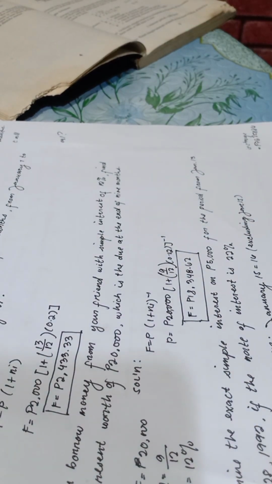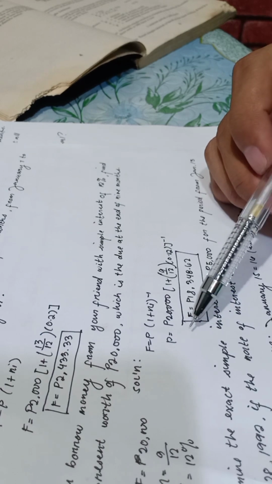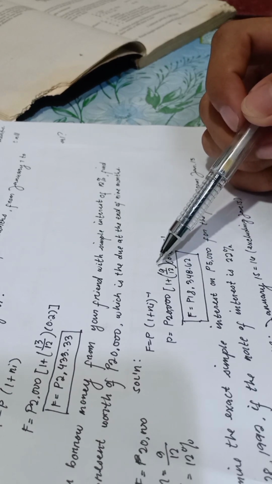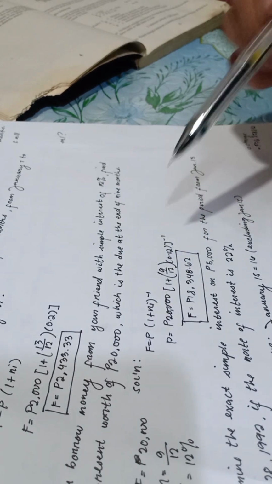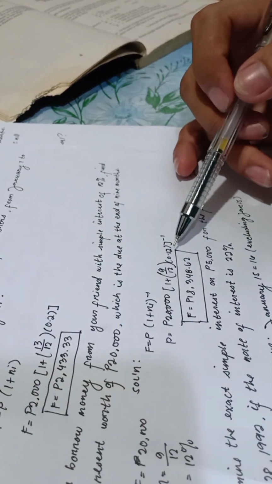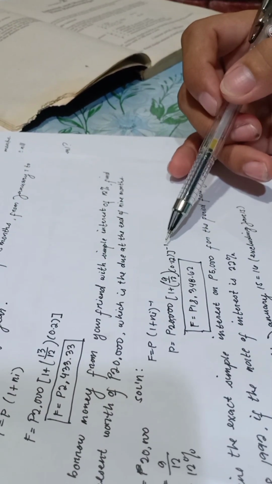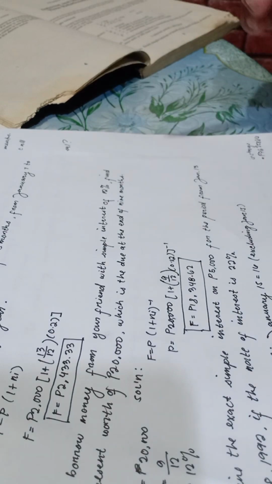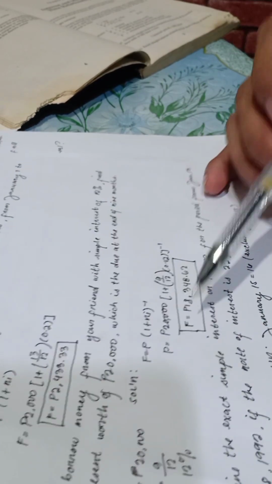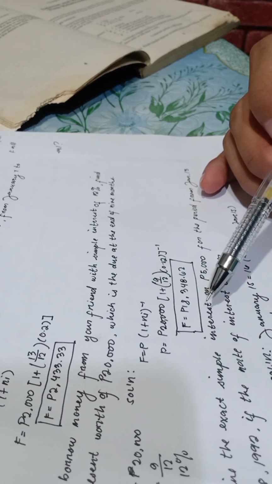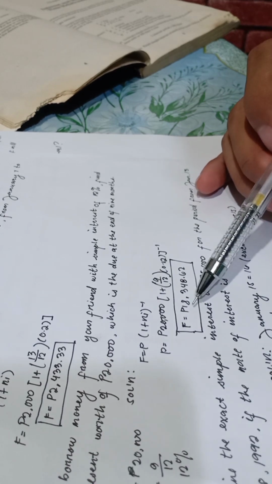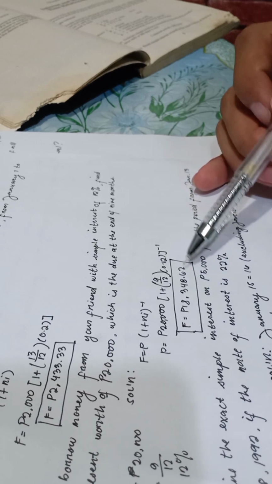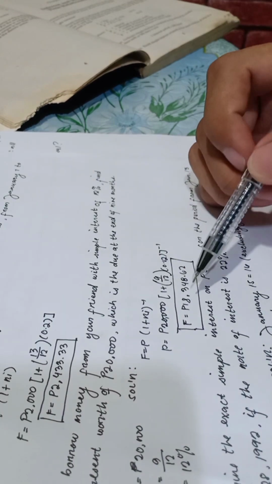So P is equal to 20,000 pesos, quantity of 1 plus the quantity 9 over 12 times 0.12, to the power of negative 1. Calculating this, our present worth is equal to 18,348.62 pesos. So this is our final answer.